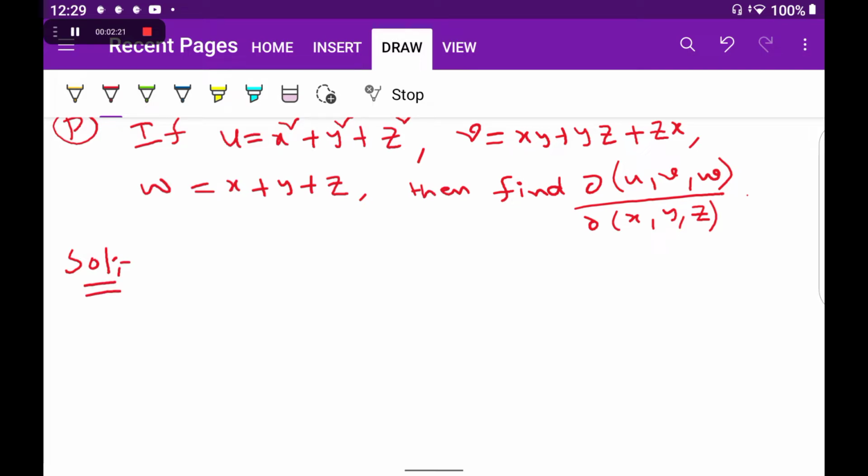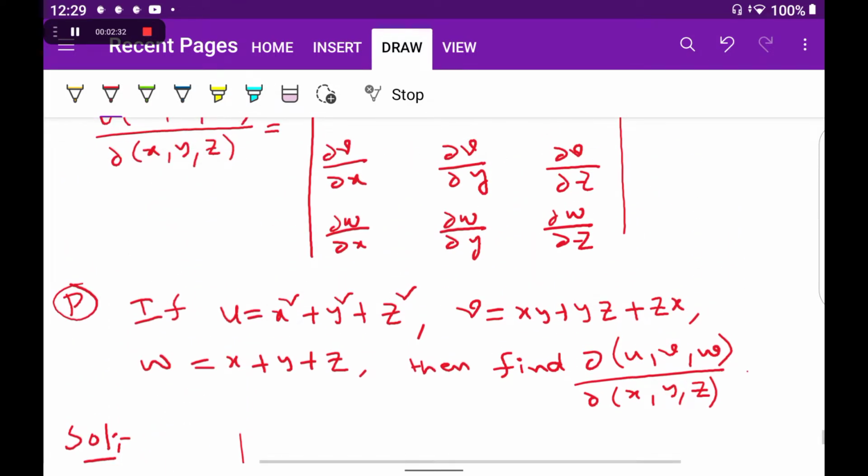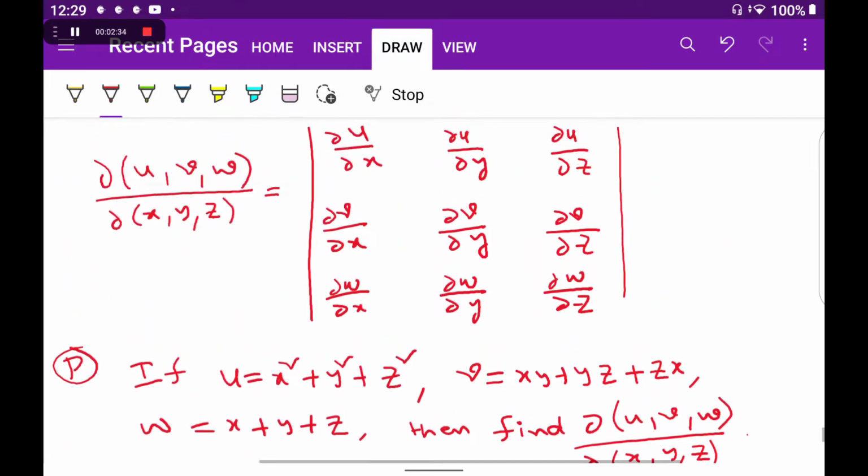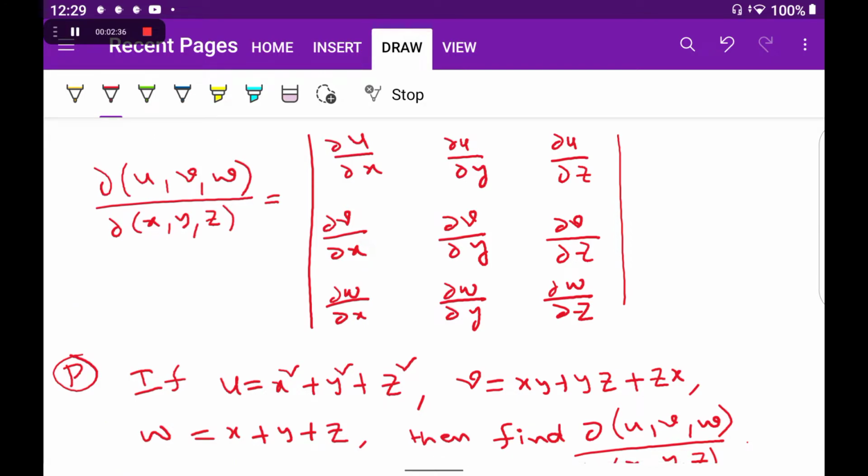So the Jacobian of u, v, w with respect to x, y, z, that is denoted by J, is the determinant actually shown here, right? So directly we write the derivatives in place of dou u by dou x, dou u by dou y, dou u by dou z.